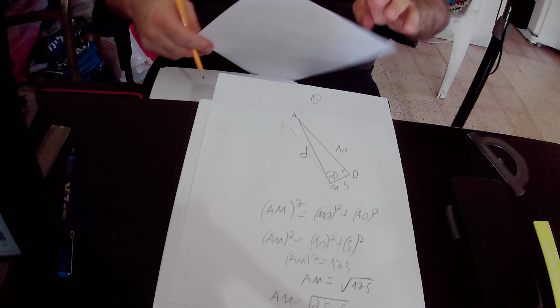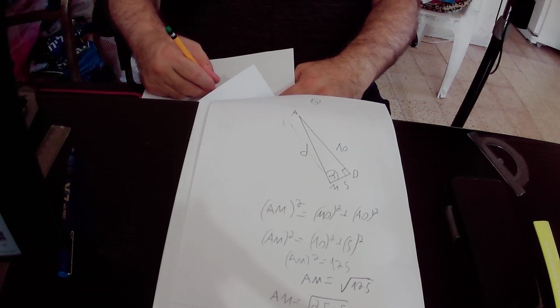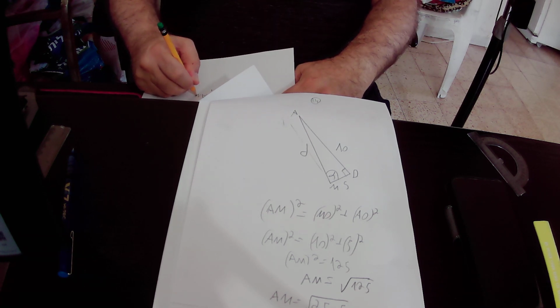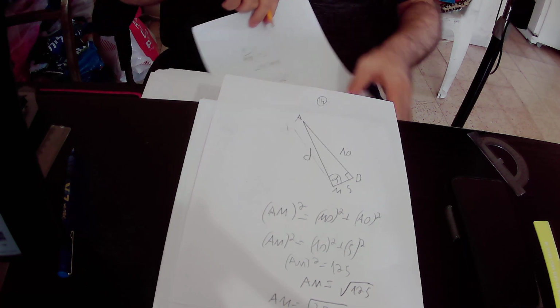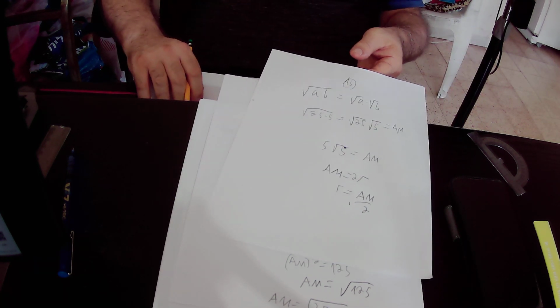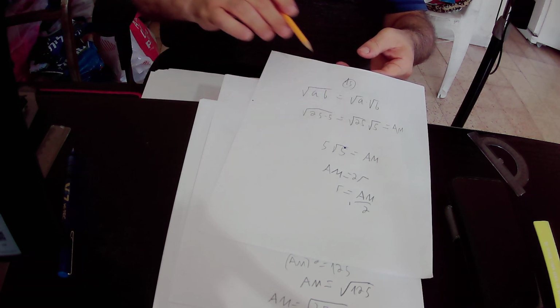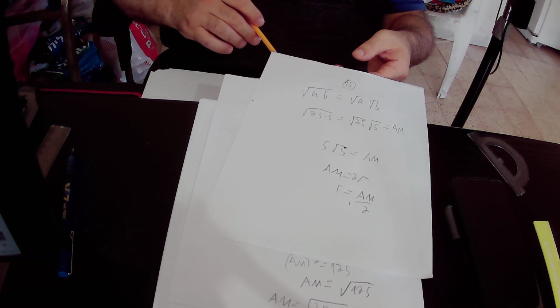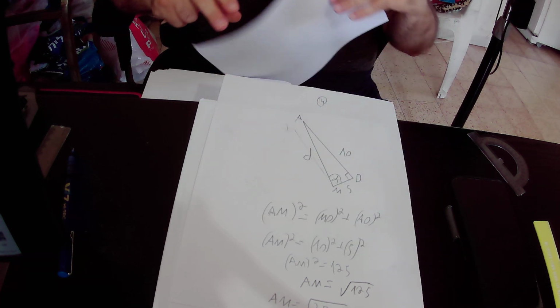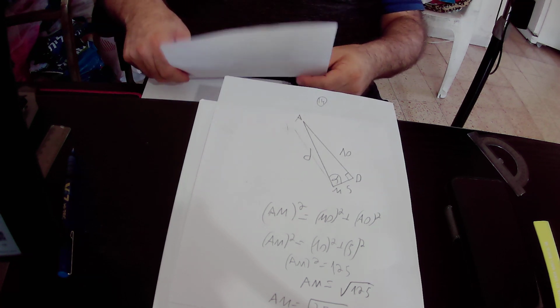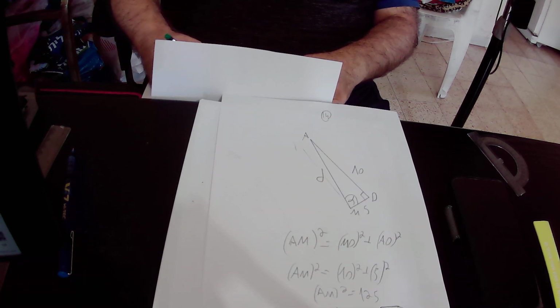Okay, the radius equals AM over 2. So we'll divide 5 times root 5 by 2 in order to find the radius of this circle. So the radius of this circle will be equal to AM, that is 5 times root 5, divided by 2.